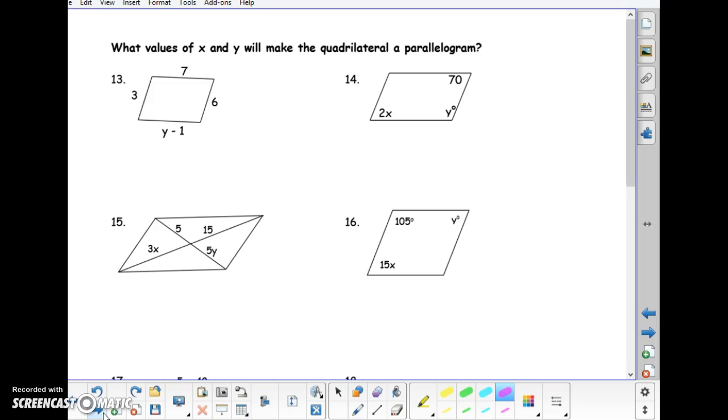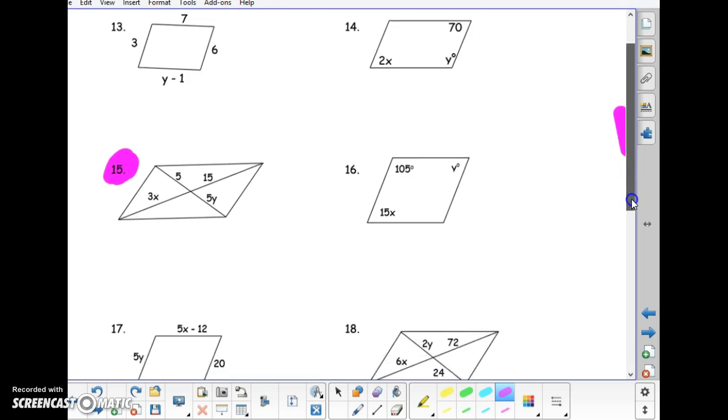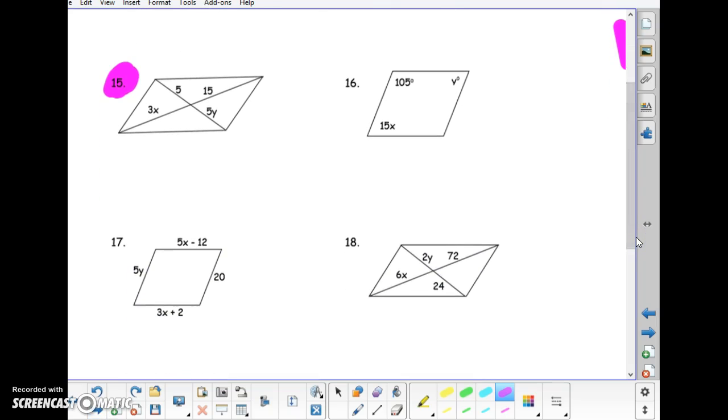Go to problem number 15. In number 15, we're not trying to figure out anymore whether or not we have a parallelogram. We need to figure out what will make this be a parallelogram. And we were just talking about diagonals having to be bisected. So I would need to know that 3x and 15 are going to be equal to each other.